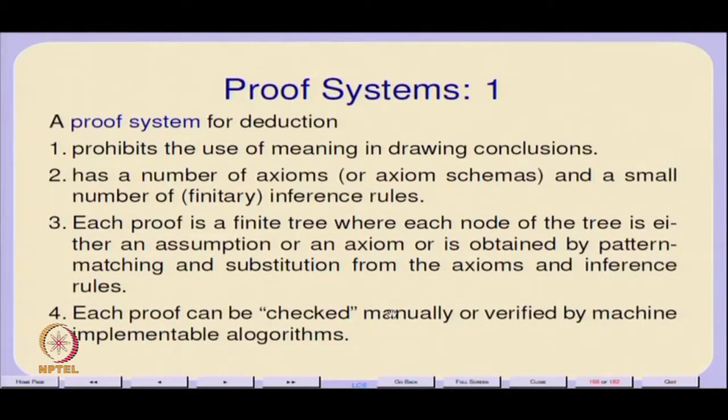Right. So, we will talk about a proof system. All mathematical domains essentially have a proof system. A proof system for deduction prohibits the use of meaning in drawing conclusions, firstly because we are talking about it as a language of communication, and that is the only language we have, right.